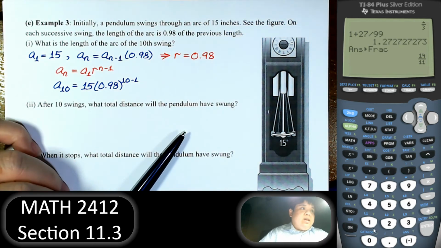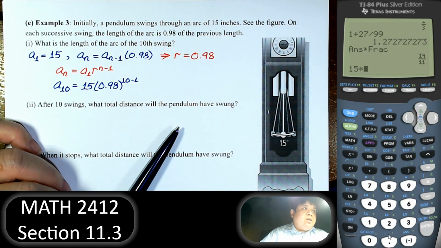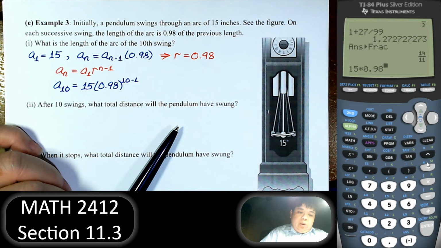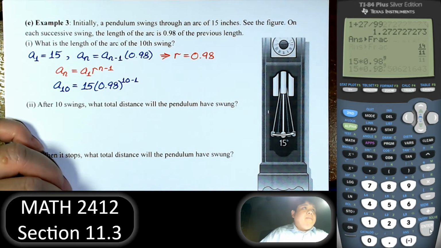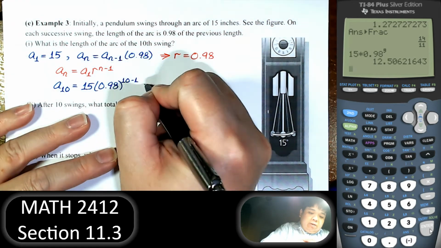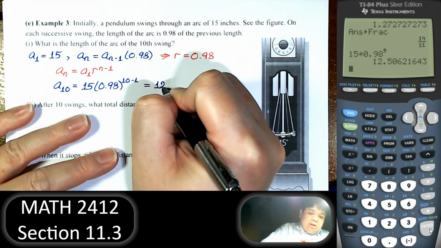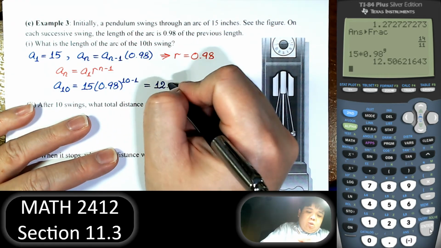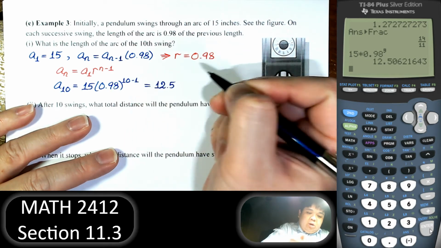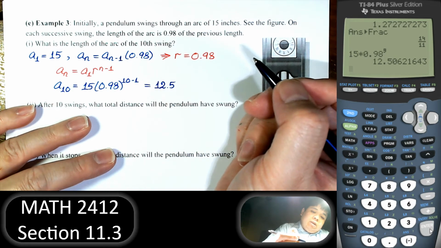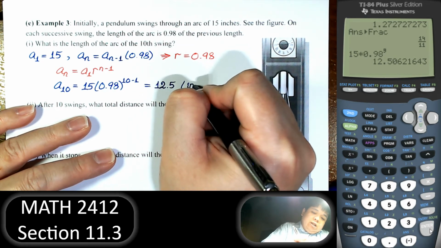So we have 15 times 0.98 to the 9th power. We have 12.5, just one decimal place. Okay, 12.5. The units will be inches.